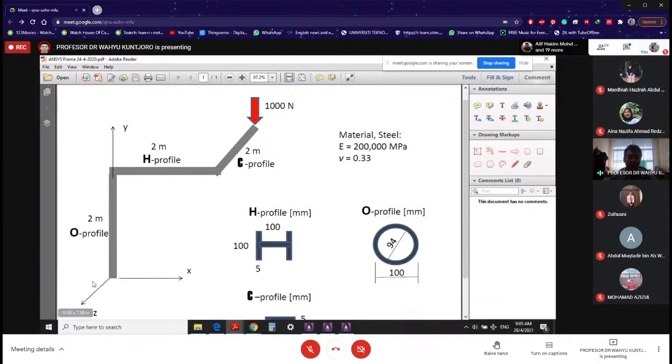The coordinate axis is as given here. Don't worry about this because Ansys is going to take care of everything for you, orient this angle, everything. And the load is given over there. Also, we know the material is steel, as given over here.